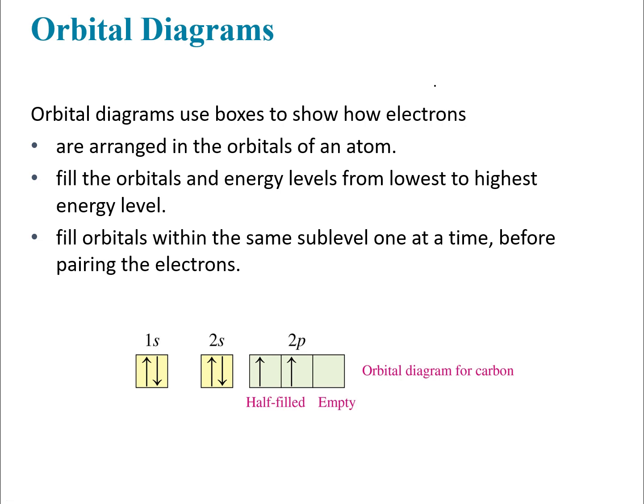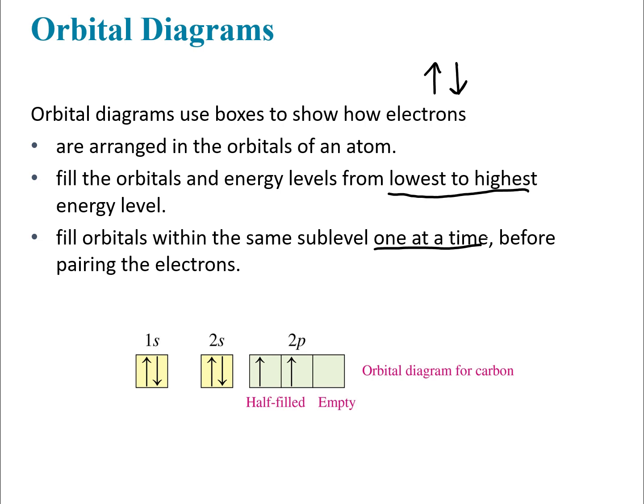So we're going to have to represent our electrons with arrows, and those arrows indicate their spin. You're going to fill the orbitals and the energy levels from the lowest energy to the highest energy. And you fill them with electrons one at a time before you start pairing up electrons.